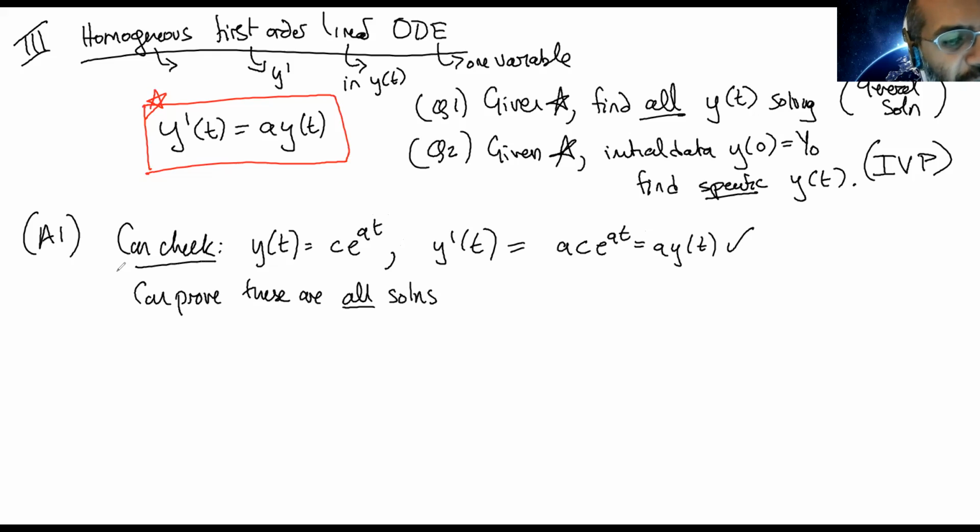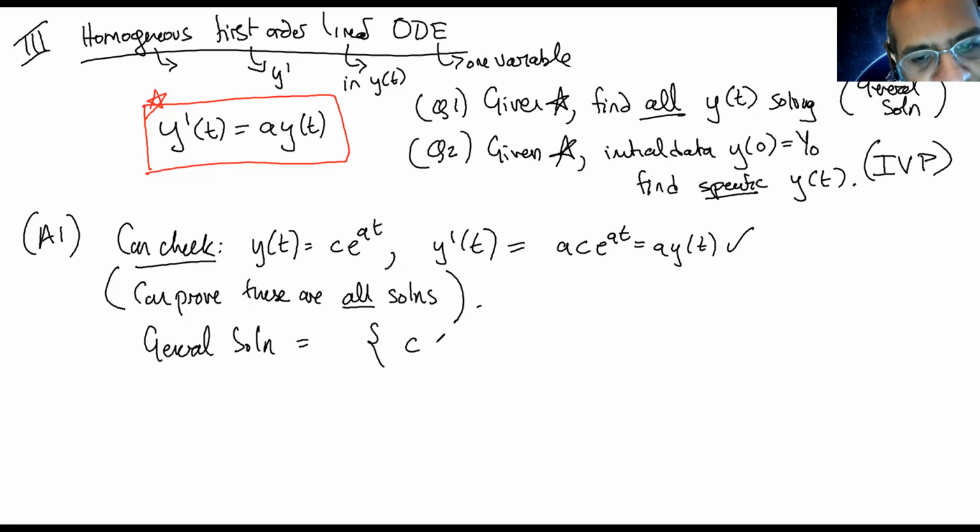We won't do this here. I don't know, maybe you did it in Math 1B, but we won't do it here. Okay. So what that means is that the general solution is the set of all multiples c times e to the at.